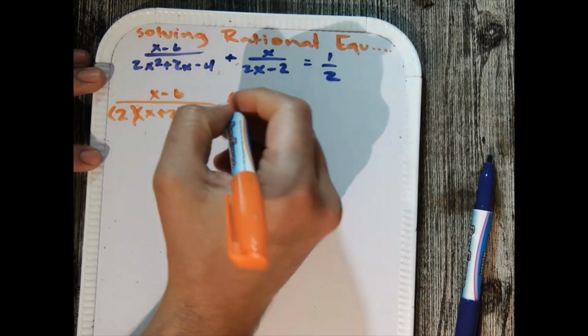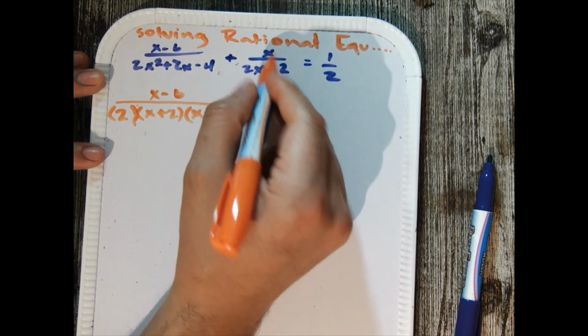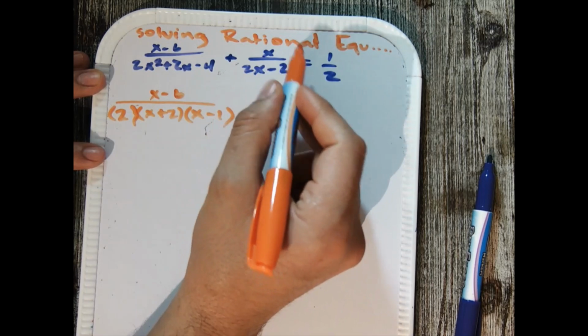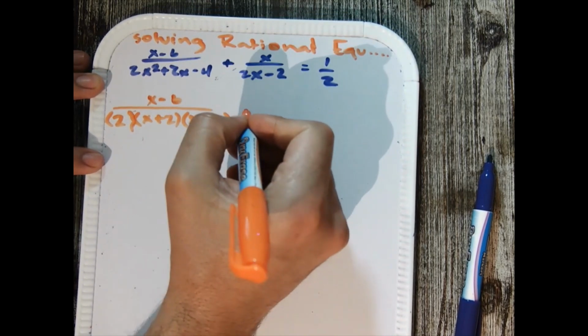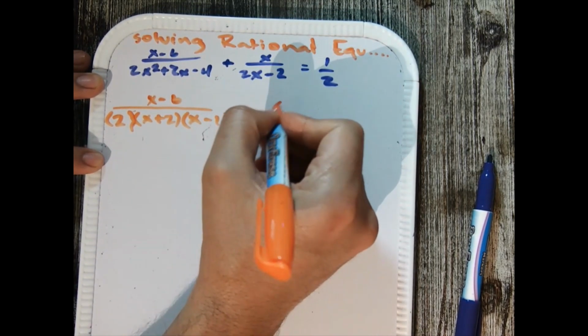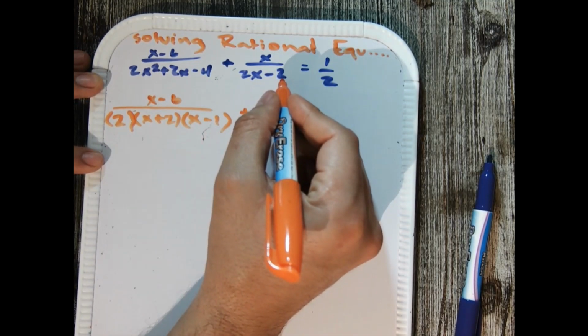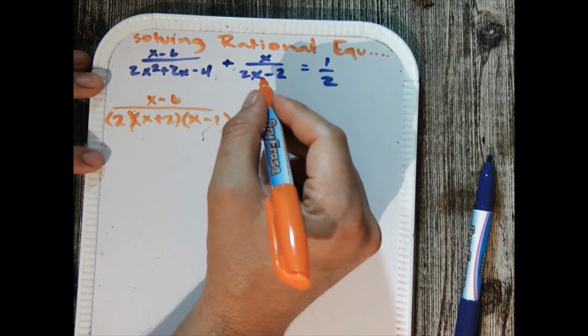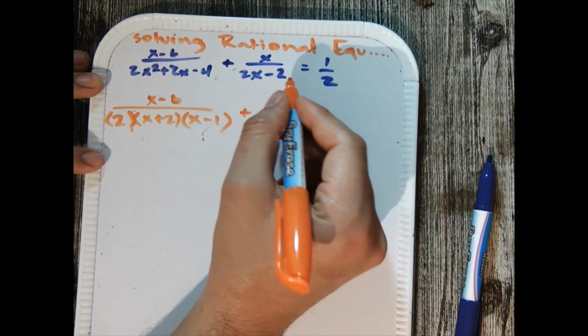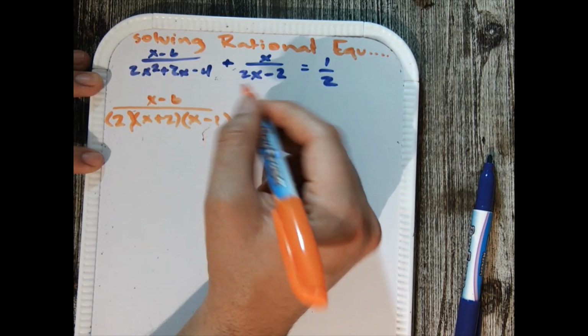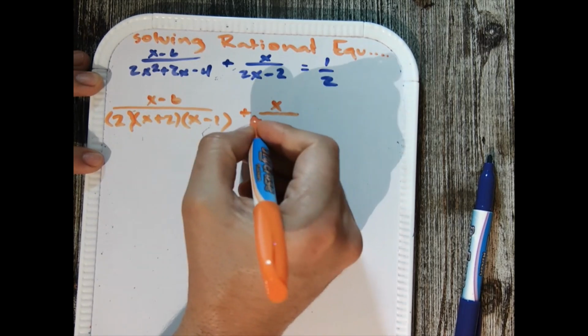Alright, now what I'm going to do is factor out the denominator for this middle fraction. On top, I simply have x. This one is not quadratic. The only thing I can factor out of 2x minus 2 is a positive 2.